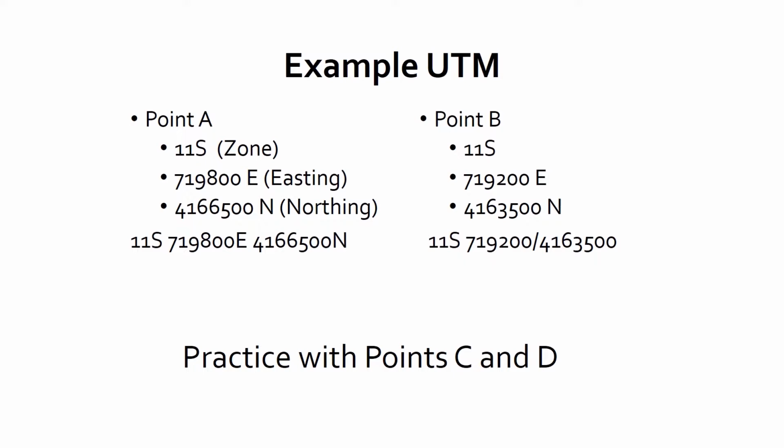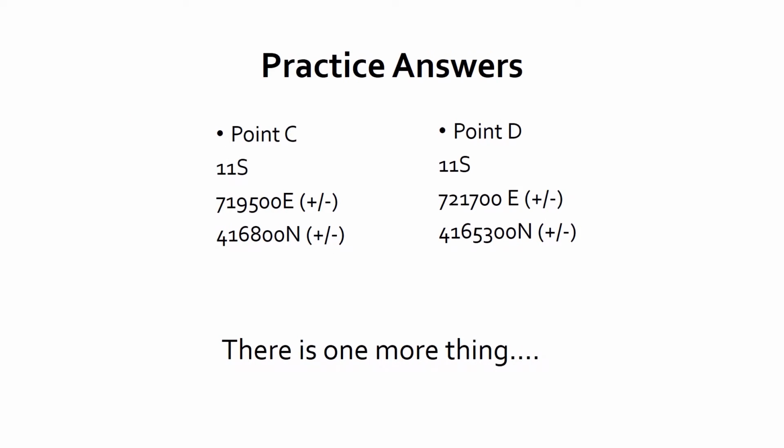And then practice with points C and D. Okay, and here are points C and D. So you want to make sure you're fairly close to these numbers, and if you don't understand, you might need to go back to earlier in the video and see how the lines on the outside of the map, those numbers, correspond to how many meters east or north one is. But of course, there's one more thing.